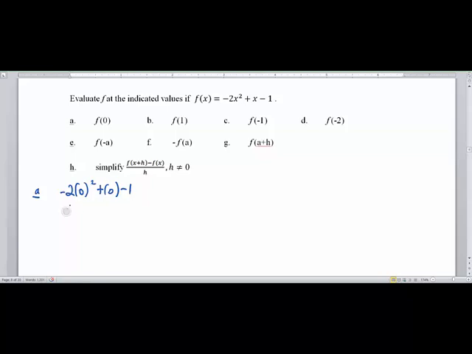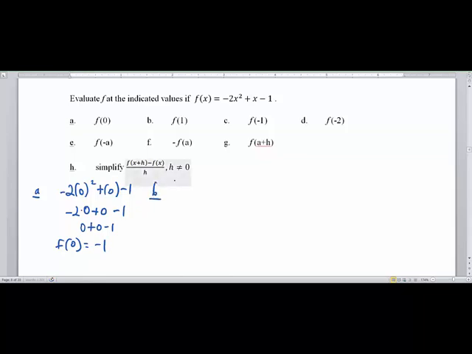So this would be -2 times 0 squared. So this is -2 times 0 plus 0 minus 1. Now we do multiplication and division next, so -2 times 0 is 0 plus 0 minus 1. So f of 0 is equal to -1.